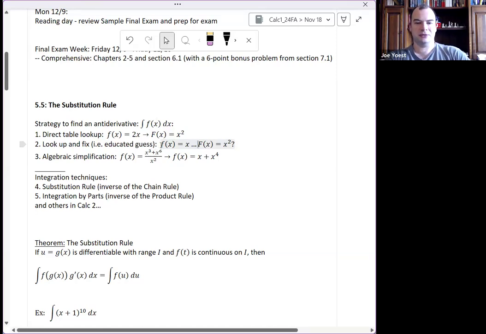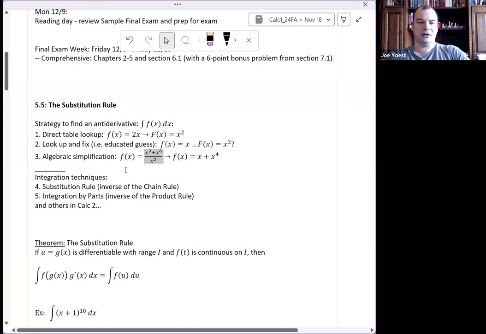So if little f equals x, I kind of think that quadratics differentiate to linears, so maybe big F equals x squared. Does that work? Not quite, but we're just off by a constant multiple. We can fix that.